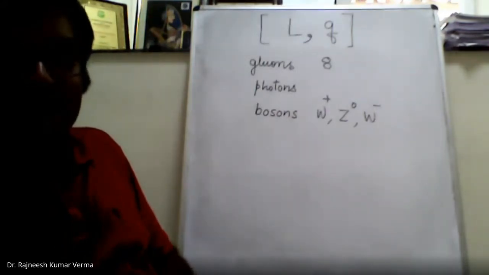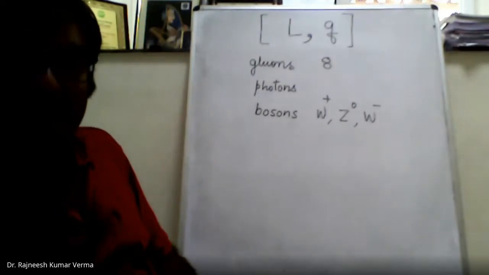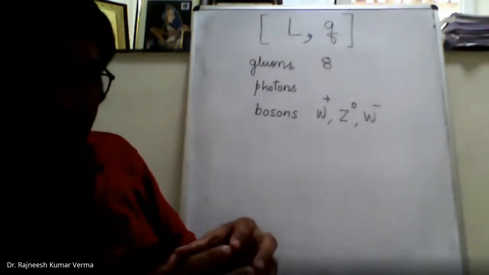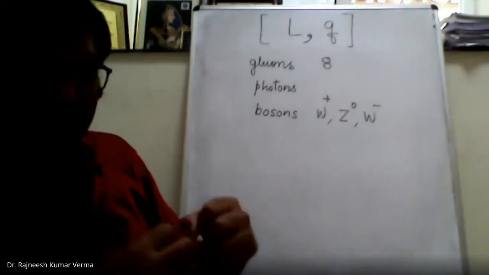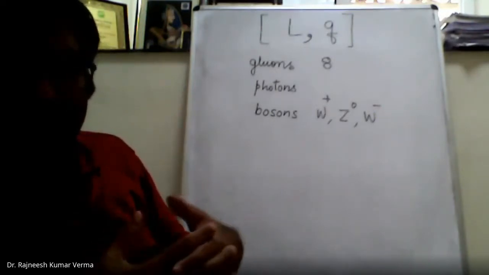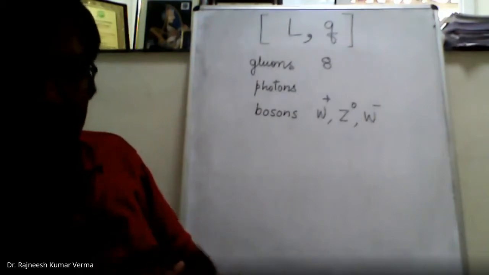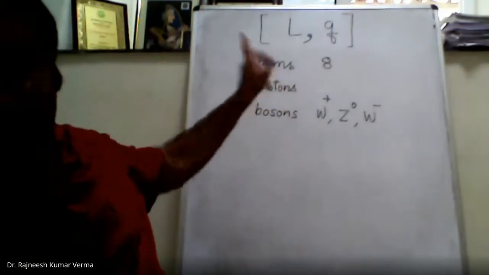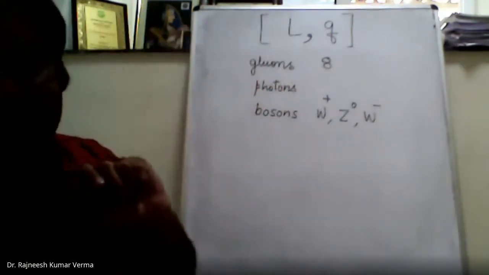The name is gluon because it is a glue-like thing. It resembles glue, which binds the two quarks together. So there are 8 different gluons, and then we have a gamma photon, the virtual photons that we have discussed in case of electromagnetic interaction.